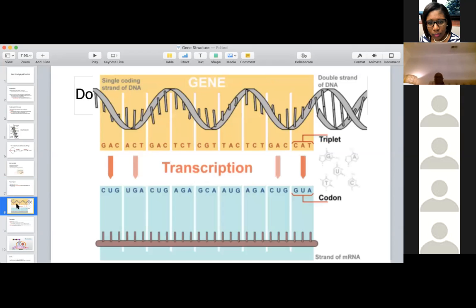All right. And so visually, the flow of information looks like this. We have these genes in our DNA. We have this double-stranded DNA, and we have genes here. And the process of transcription takes us from DNA to a messenger RNA transcript. A strand of messenger RNA is created.